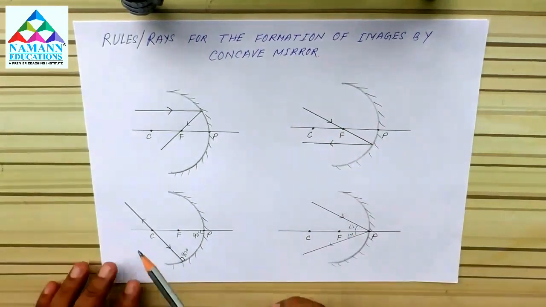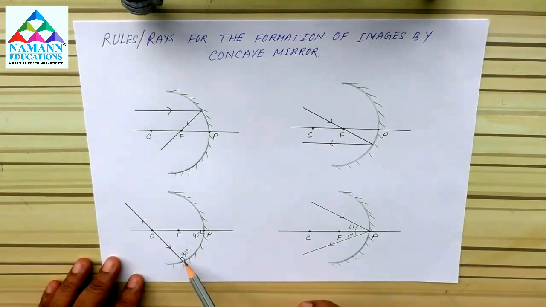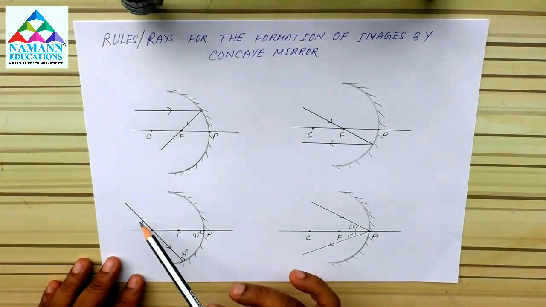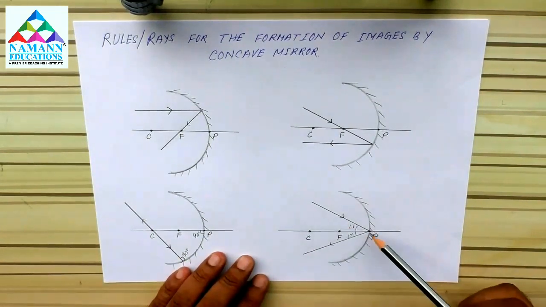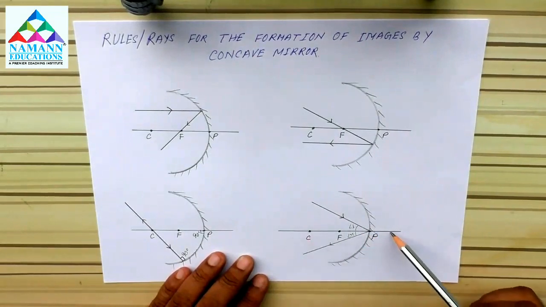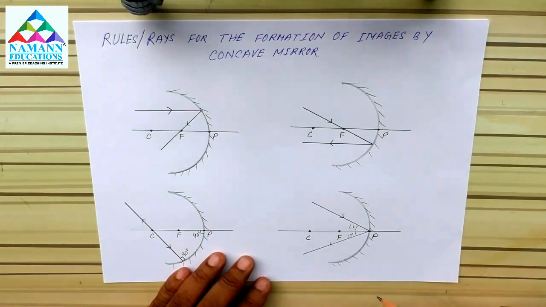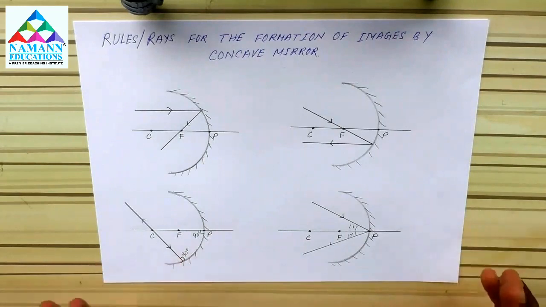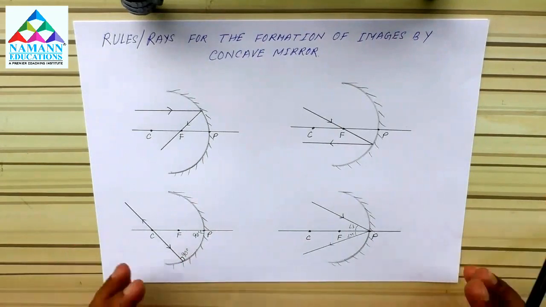Third one, if a ray of light is incident after passing through center of curvature, this ray of light is incident normally, it retraces its path. And the fourth one, if a ray of light is incident at pole, it will reflect symmetrically such that the principal axis behaves as normal and the angle of incidence is equal to the angle of reflection. So these are the 4 rules for formation of images by concave mirror.